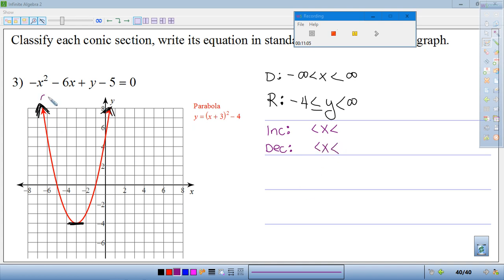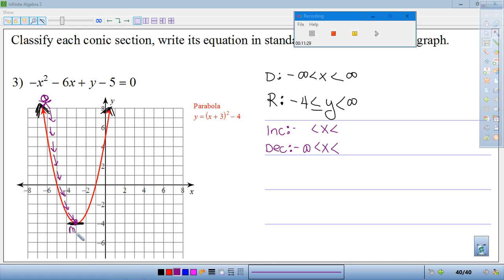Alright, so I start on the left of my graph. I always start my walk on the left of my graph. And in this graph, I'm going to start by walking down. So I start on the left at negative infinity and I'm going down. So I put that under decreasing. And I keep walking down until I reach my bottom point.